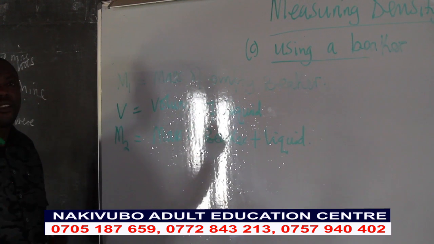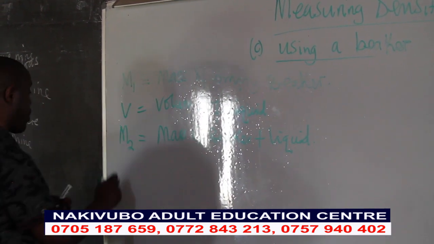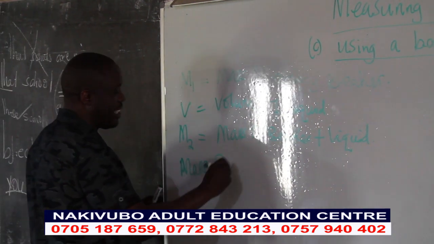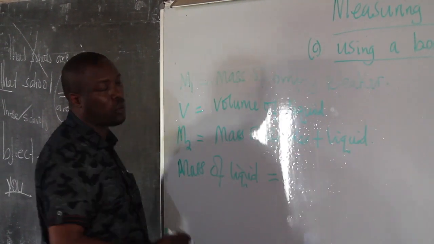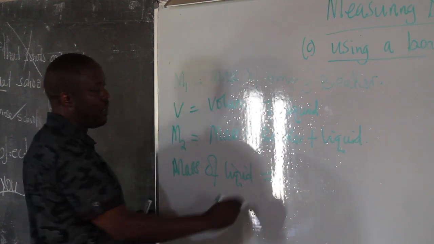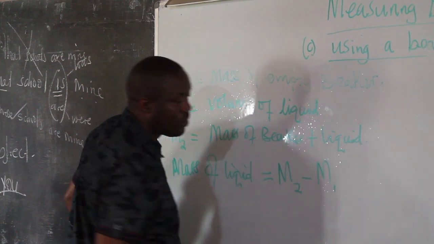Now, the next thing which we are going to do is to find the mass of water only. So the mass of the liquid, because water is a liquid, will be equal to M2 minus M1.